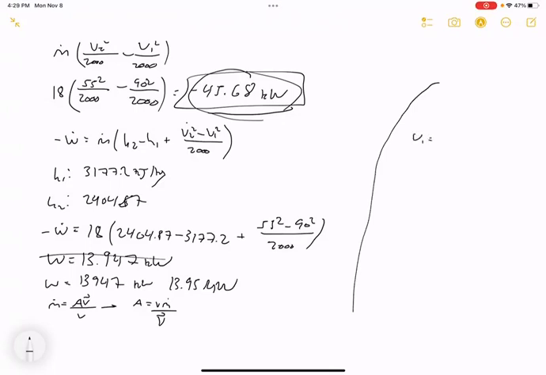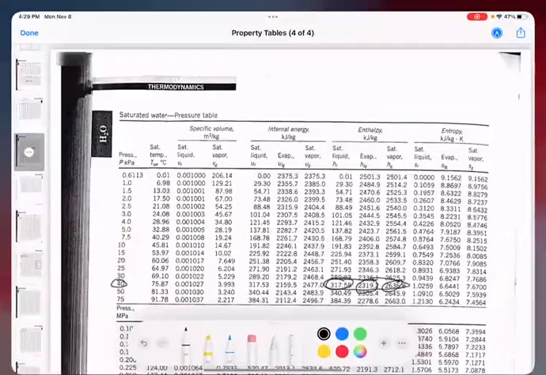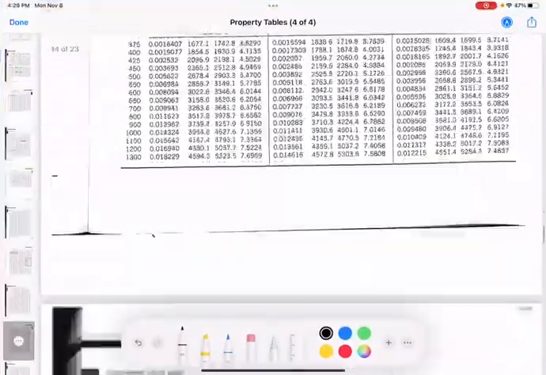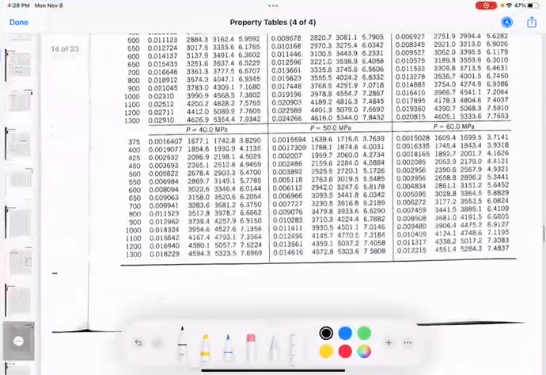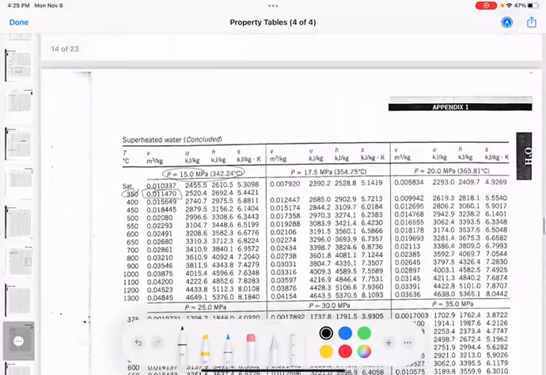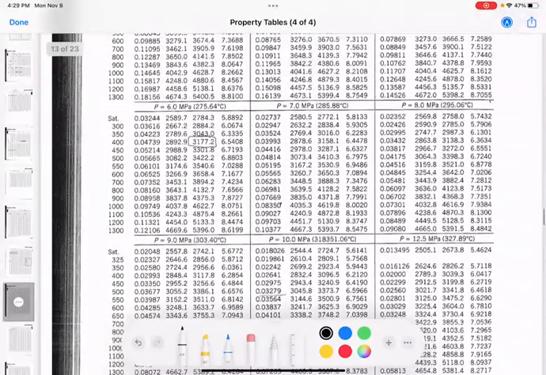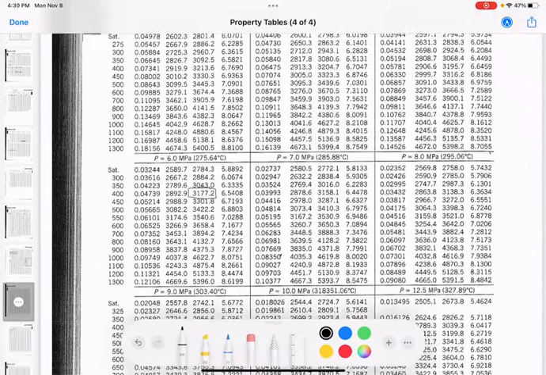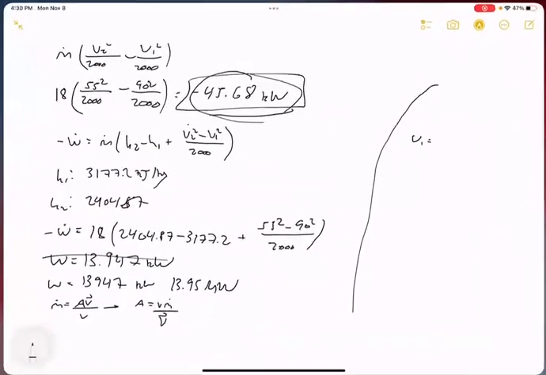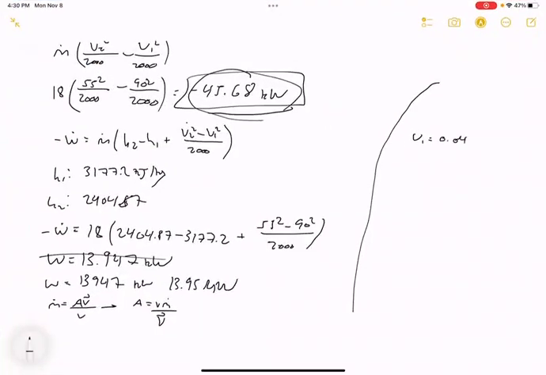V1 equals, so this was 6 megapascals and 400. Here we are, 6 megapascals, 400. I'm seeing a specific volume of 0.04739 meters cubed per kilogram. That's good. Velocity at the inlet, we're told, is 90 meters per second.